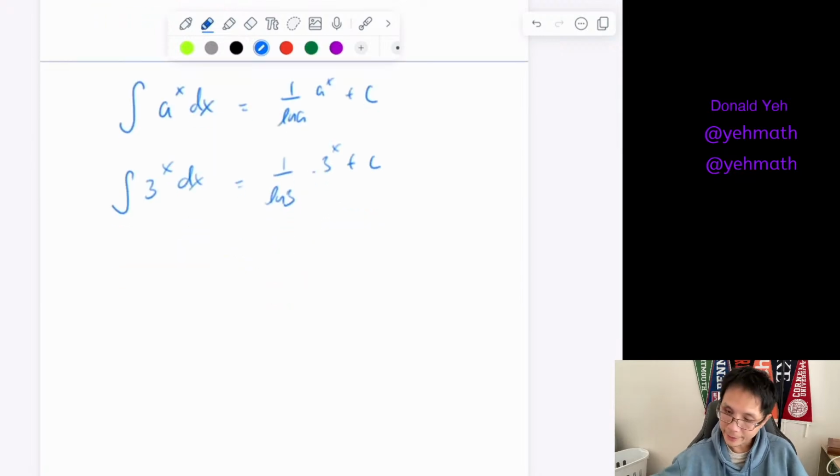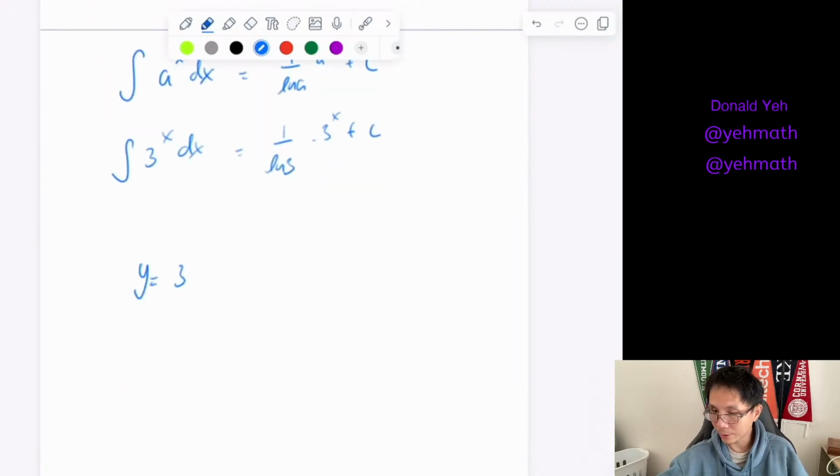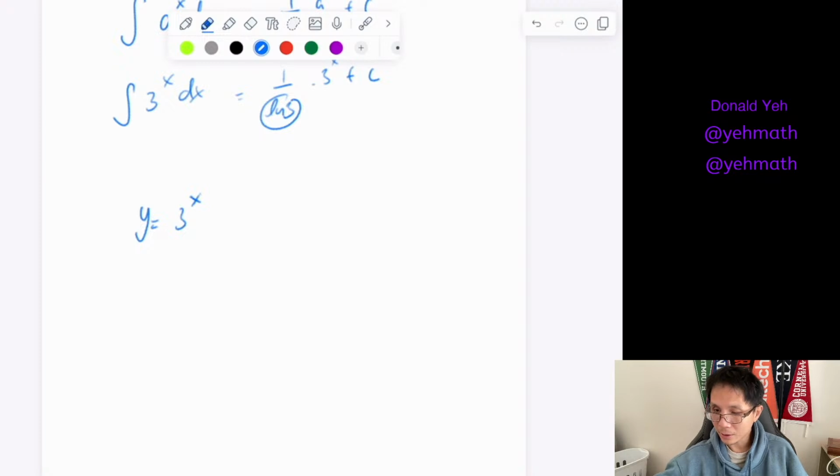Now, again, you can also look at this like, so I'm going to talk about this, y equals 3 to the x. This is just very similar to before. If I want to take a derivative of this, you're going to see why that ln of 3 is there. Because if I take a derivative of this, again, this is an expression, so it's not a number.